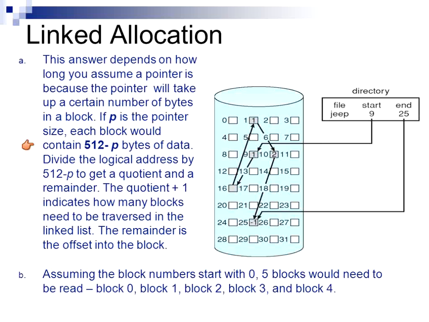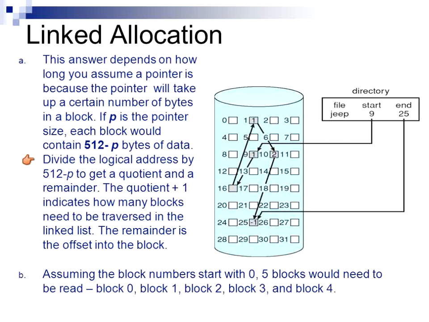So to get the physical address, you would divide the logical address by 512 minus P to get a quotient and a remainder. The quotient indicates how many blocks would have to be read in the linked list, and the remainder would be the offset into the block. Okay?